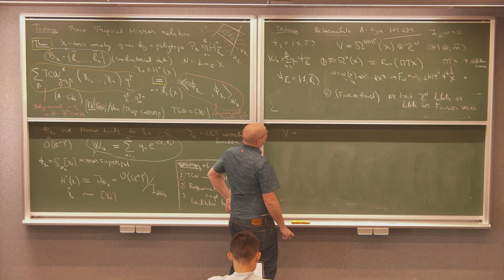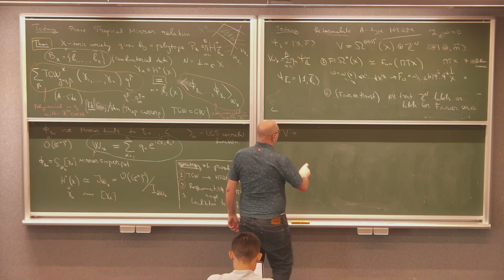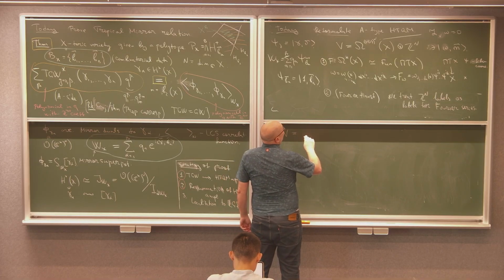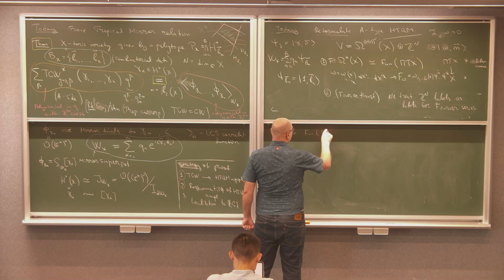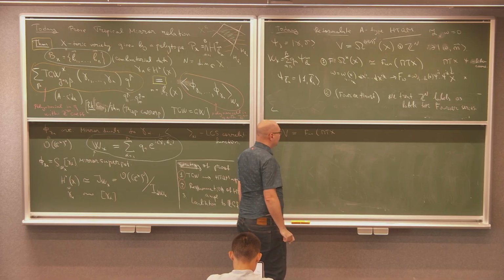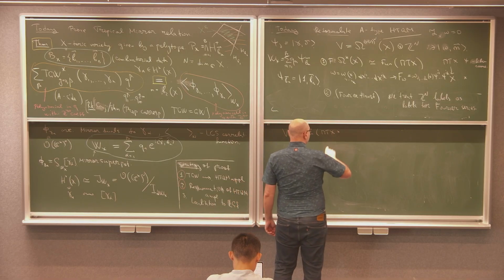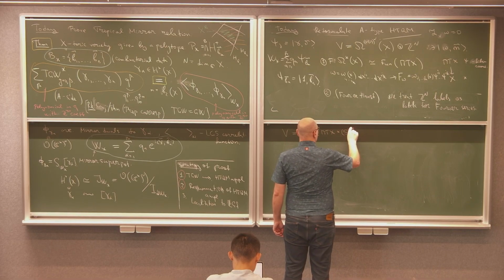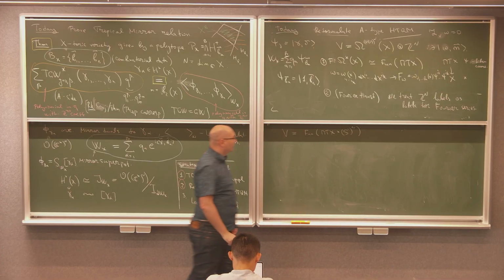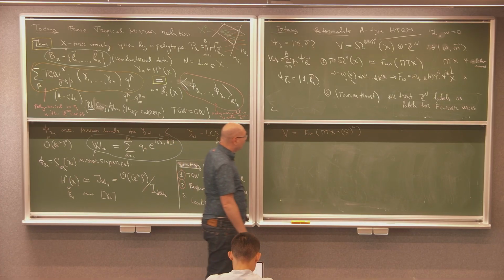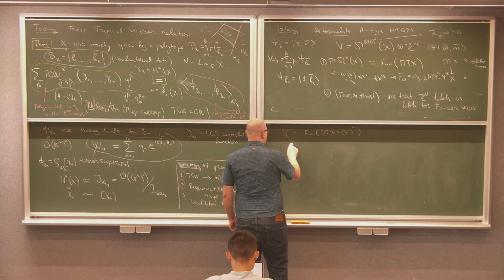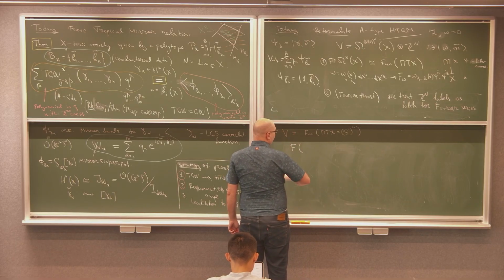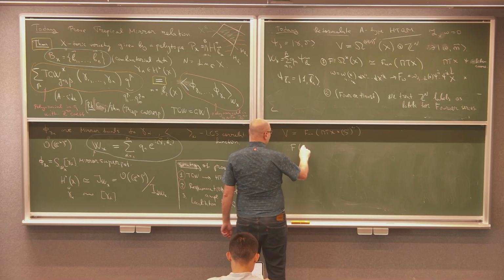So we say that now our states are functions on PTX cross S1 to the power capital N. So the elements here will be a function of three types of variables.